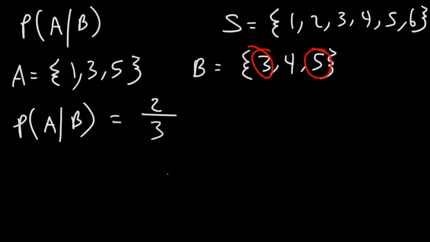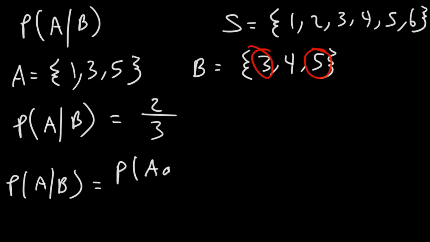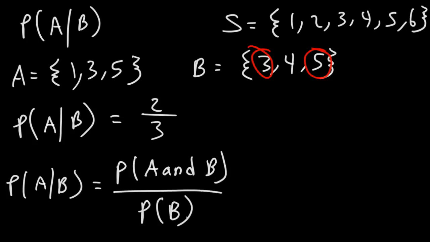But now there's a formula that you need to know. To calculate this conditional probability, it's the probability of event A and event B occurring divided by the probability that event B will occur. So what is the probability of getting event B?